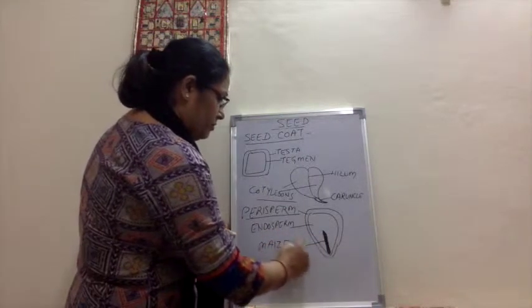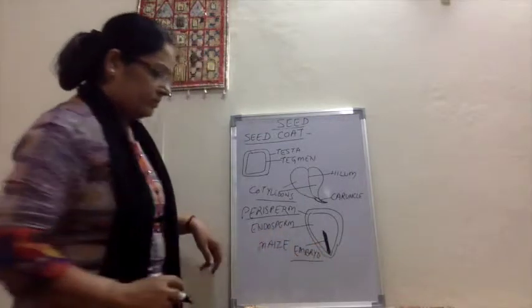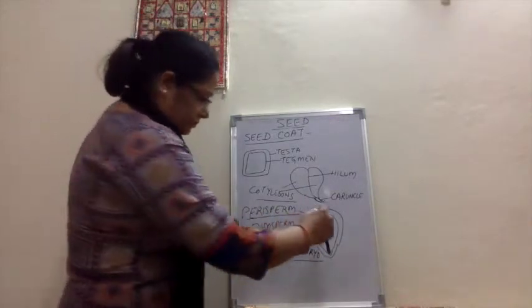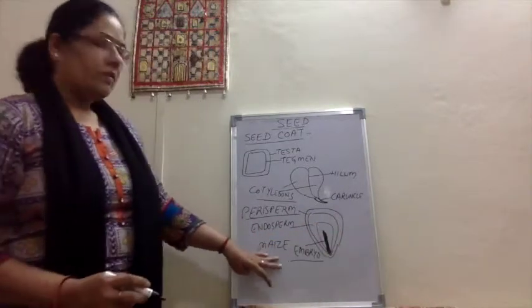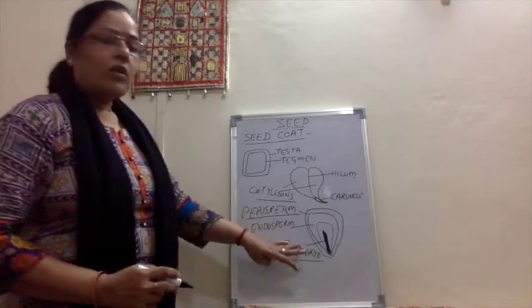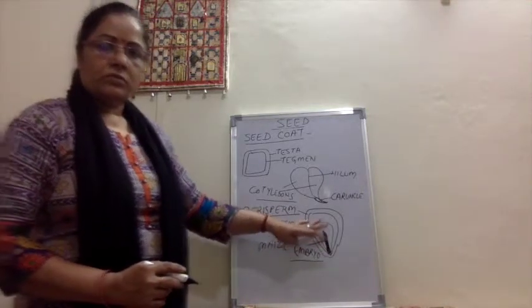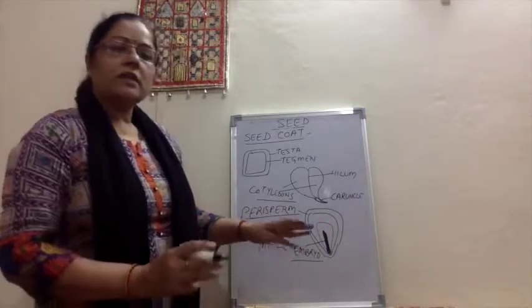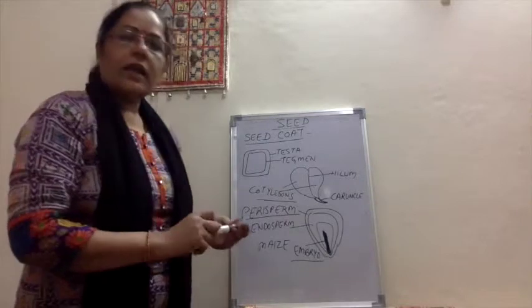This is embryo. But in dicot, it is a little bit different. There are two cotyledons and the embryo is hidden in between the cotyledons, like in pea.